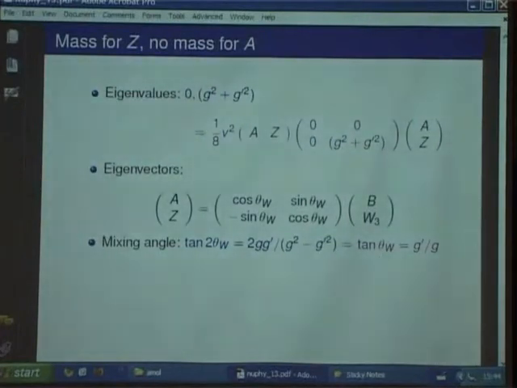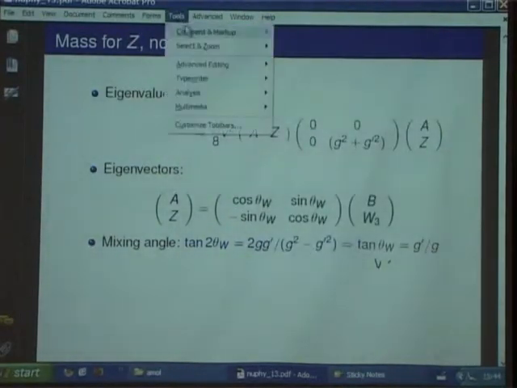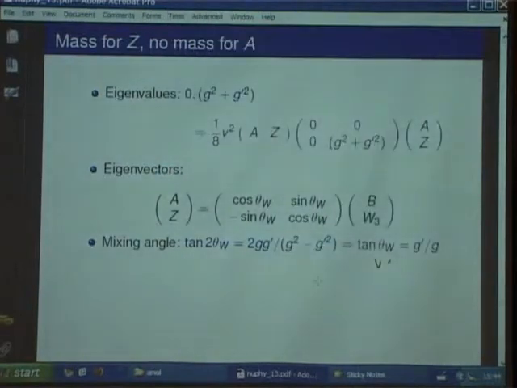This is called theta W, the Weinberg angle, because it's named after Weinberg.